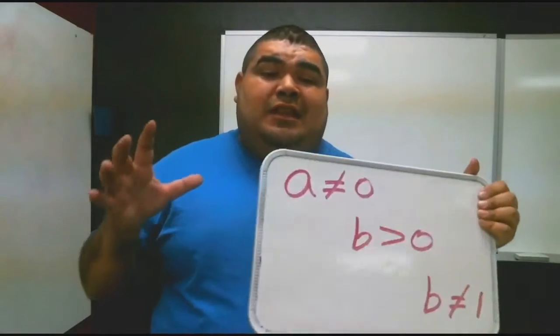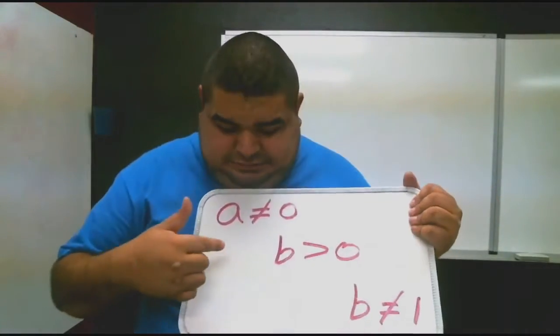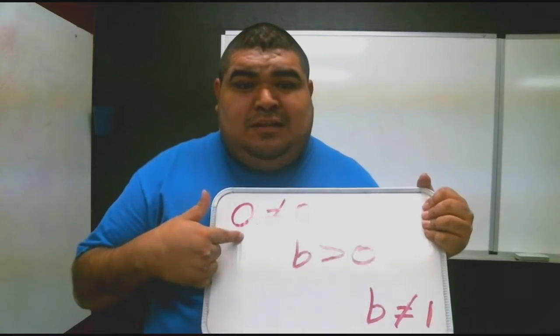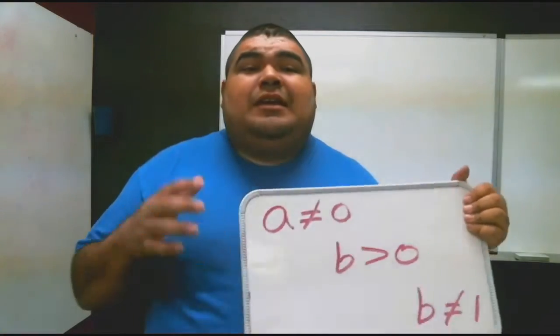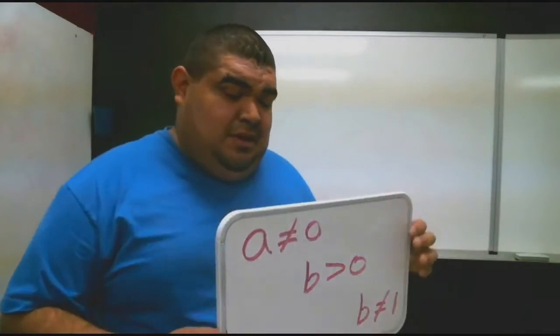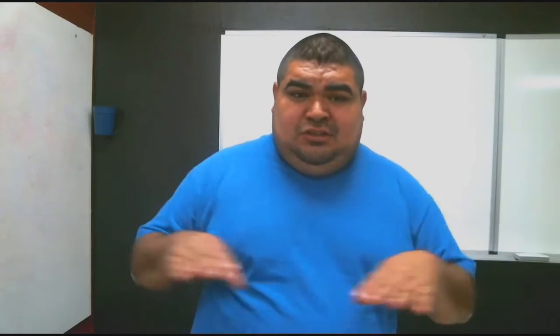Anything that is bigger than 1 and a positive number is a function. If it's anything below 0, it's just a horizontal line. If a is -1 or -5, there's no function because it's just a straight line.